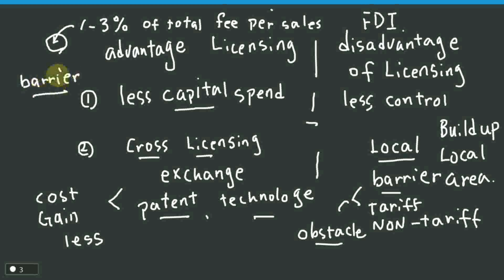But we have very complicated purpose and very complicated background once you choose franchising, and franchising is in the field of service. The corresponding method to enter into a new local area in case of manufacturing product is licensing, right?